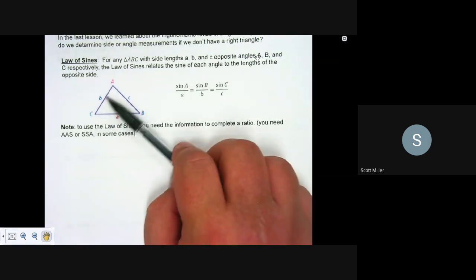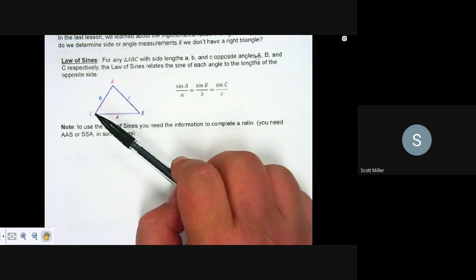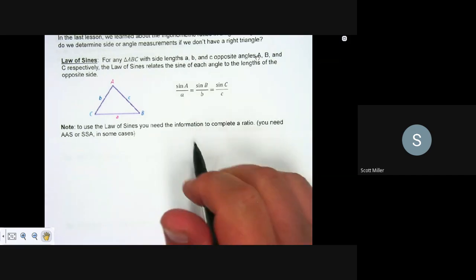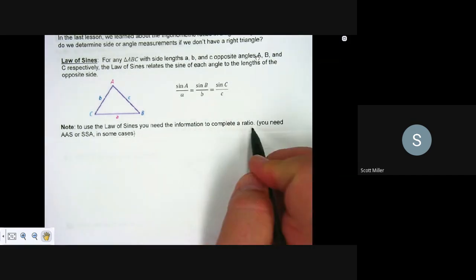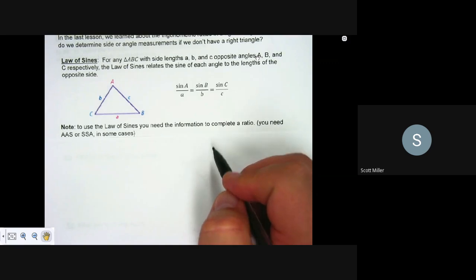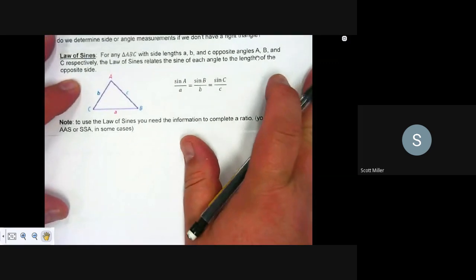If I have an angle and the side, then this angle and that side will be opposites of each other, and we can use that. So the key to this is to make sure that you have a complete ratio. If you don't have that, you cannot use the law of sines.